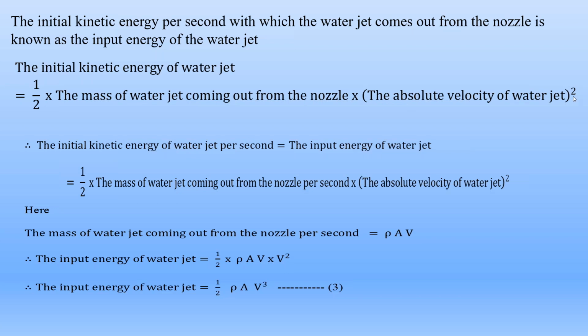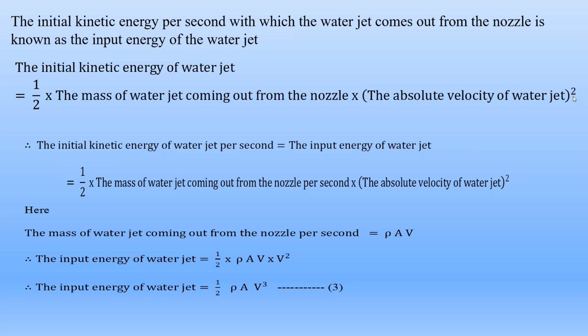From the end of the nozzle, the water jet is coming out with absolute velocity, whereas the water jet will hit the moving plate with relative velocity. But from the end of the nozzle, the water jet is coming out with absolute velocity. So the initial kinetic energy of the water jet is equal to half into the mass of water jet coming out from the nozzle into the initial absolute velocity of water jet whole square.